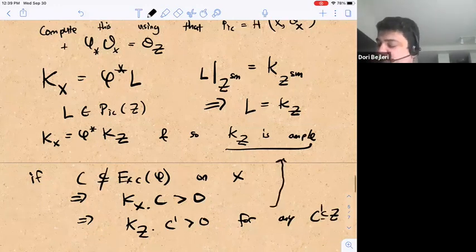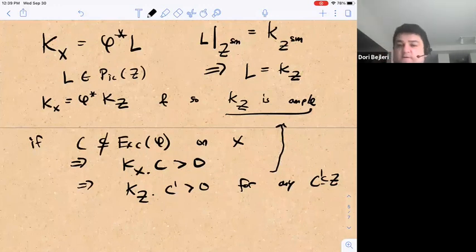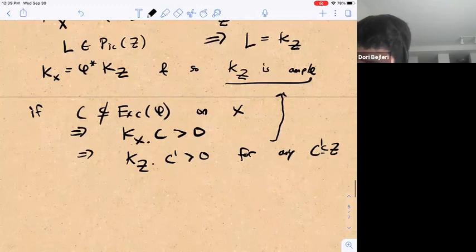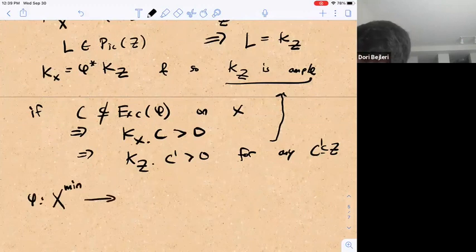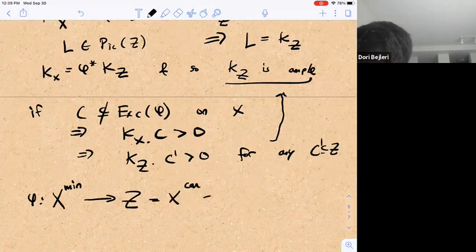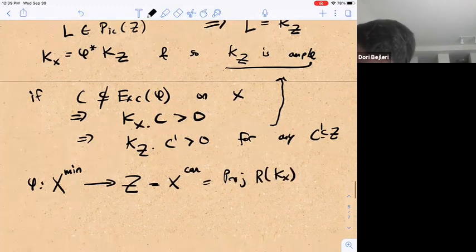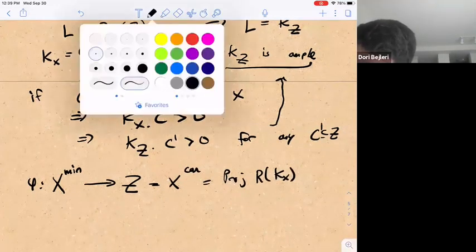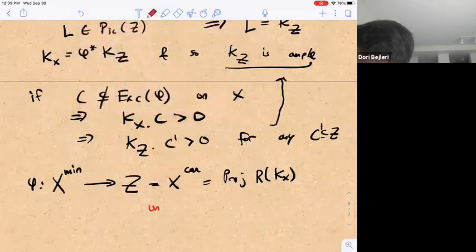Okay, so our upshot then is that the outcome of the minimal model program in this classification in the general type case is that we have a minimal X and then a contraction onto this Z, which we'll call the canonical model, which on the one hand is proj of the canonical ring of X, but on the other hand is uniquely characterized by the two conditions that I wrote above.